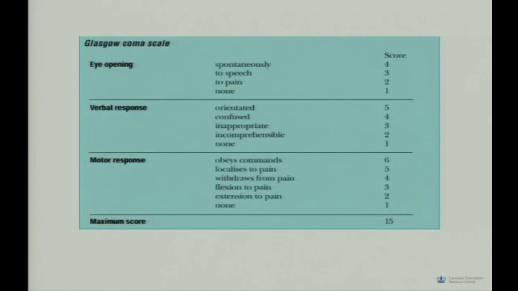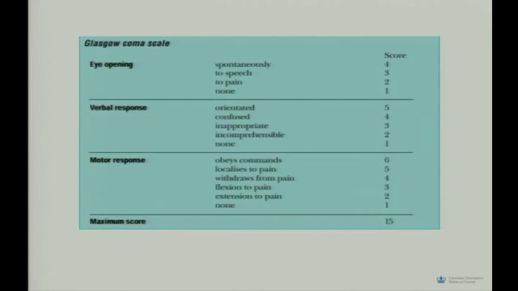With injury to the brain, there are certain postures that people can take on. And there is a flexed posture, right? So either they flex to pain, meaning that they curl up in response to pain, or they can just be in a flexed position without pain.